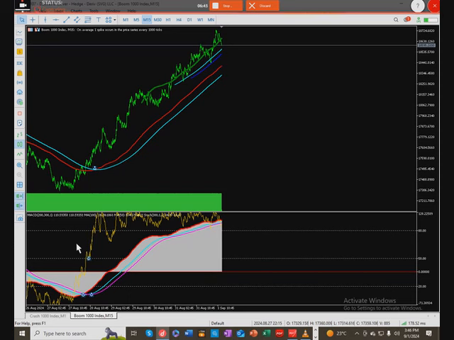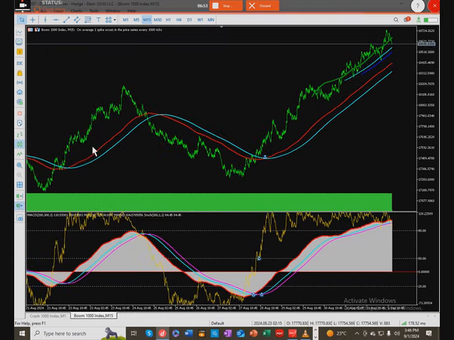Let me go a little bit to the background. You see what is happening here. The market crossed under those two moving averages, and you get in the market here.